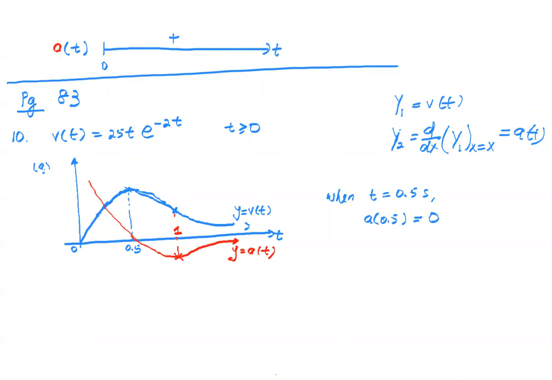Okay, then I can say that v(0.5) is equal to a value that is the maximum velocity. Right? That is two things that I can interpret.